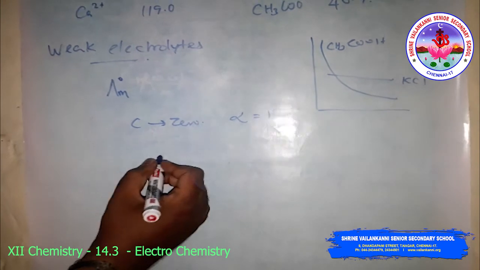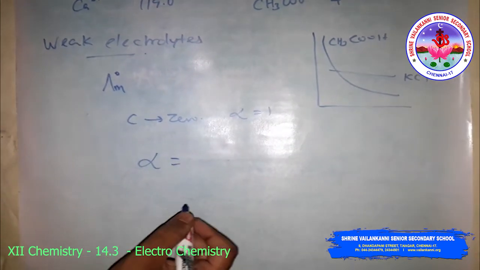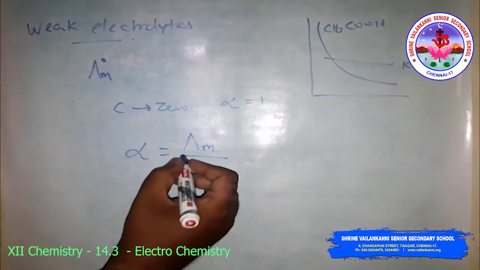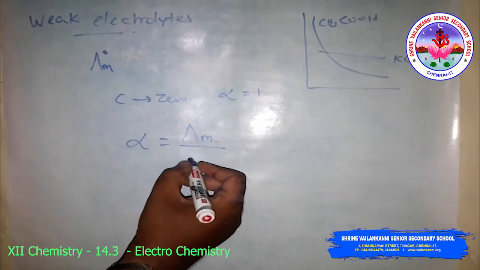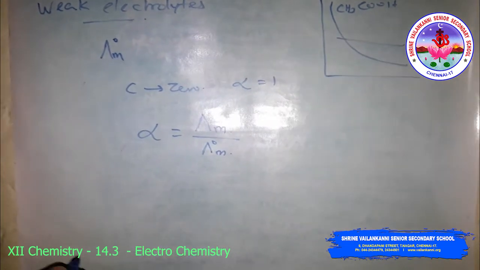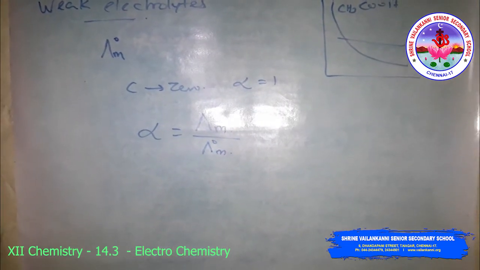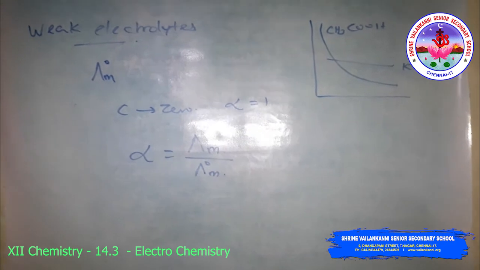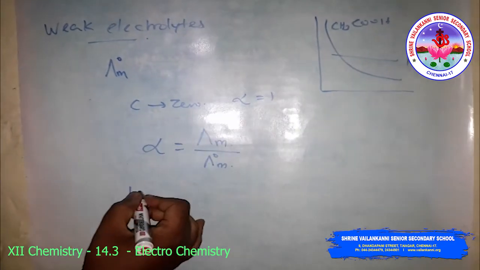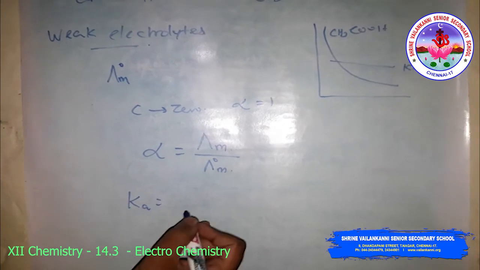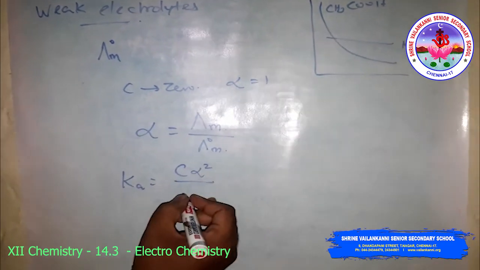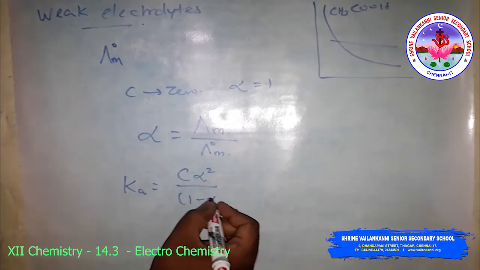So we can write alpha equals lambda m divided by lambda naught m. For a weak electrolyte like acetic acid, we already studied in equilibrium that Ka is equal to C alpha square divided by 1 minus alpha.